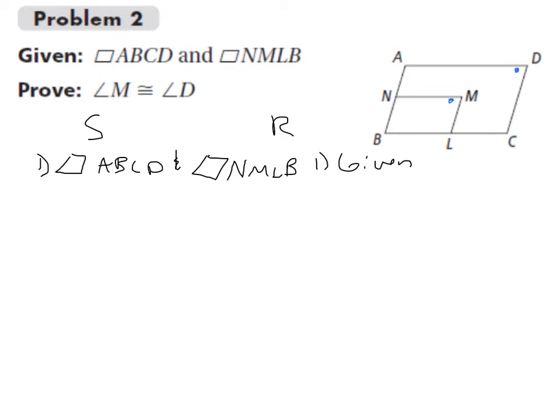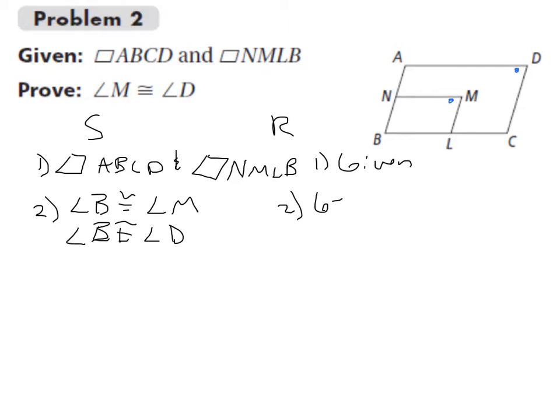So for my second statement, I'm going to say that angle B is congruent to angle M, and with that, angle B is congruent to angle D. And the reason I can say that would be 6-5, or you could just write opposite angles in a parallelogram are congruent.